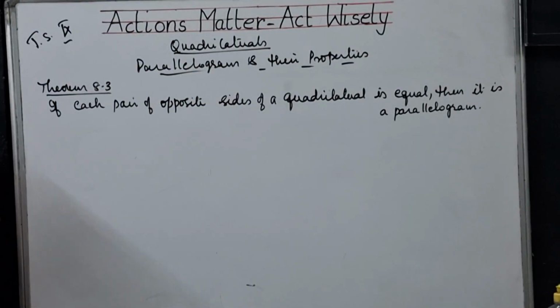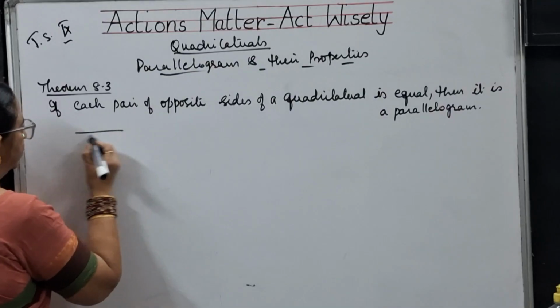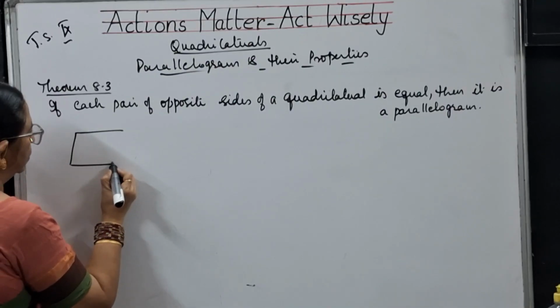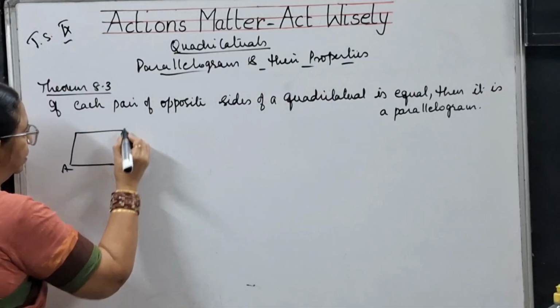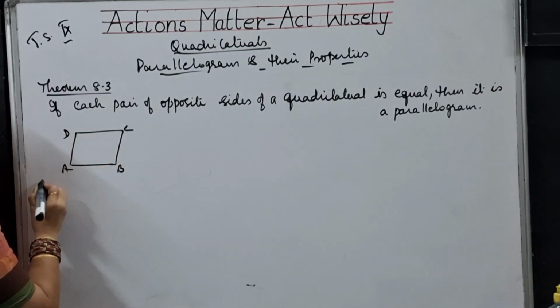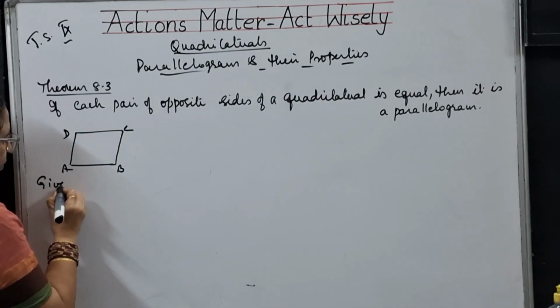Now theorem 8.3, children. If each pair of opposite sides of a quadrilateral is equal, then it is a parallelogram. So now ABCD is considered as a quadrilateral. What is given to us?